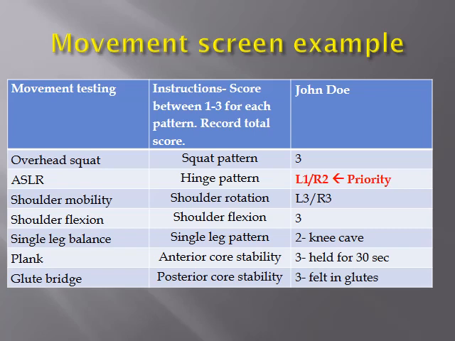If we were to simply correct this through mobility or stretching or whatever it may be, and we see that the screen improves, but we don't do anything to cement that, it will quickly go back to its normal baseline, because the body wants to remain in its normal homeostasis. So we need to go immediately from our corrective drills into strength training, such as a single leg deadlift or a deadlift in the case of a hip hinge pattern.